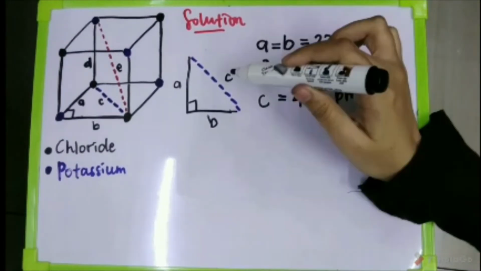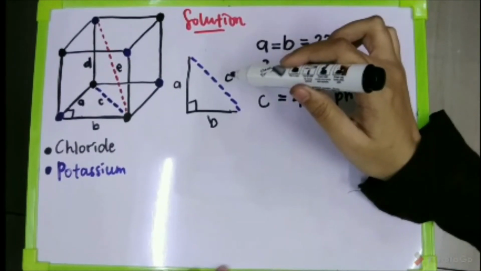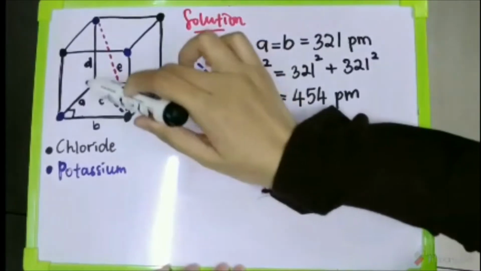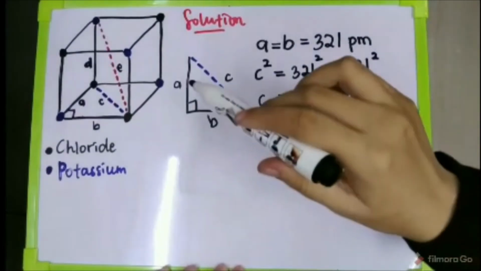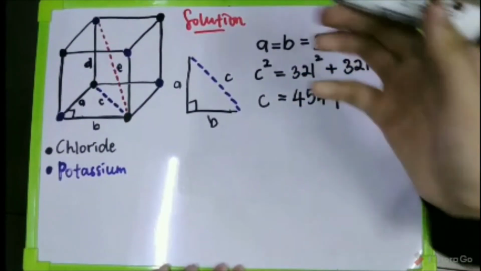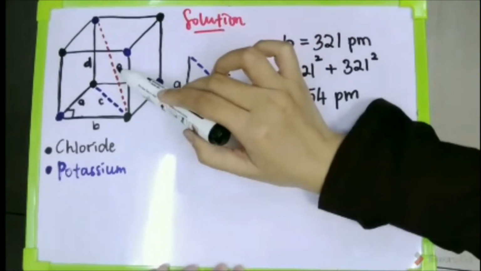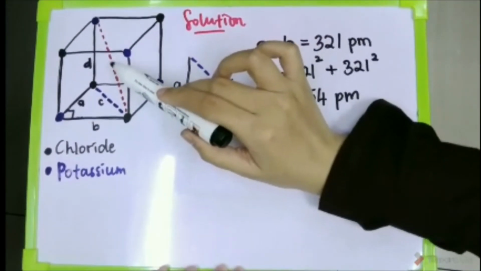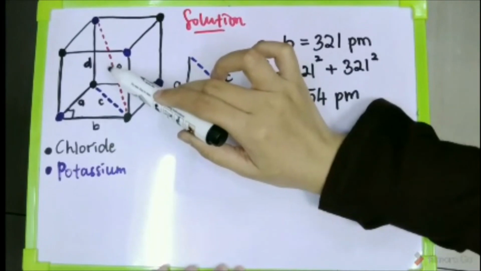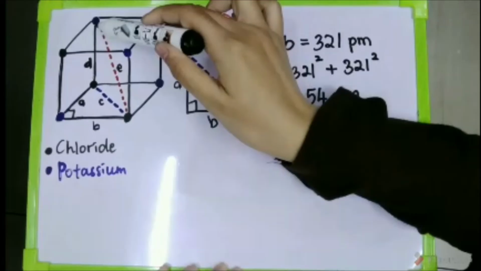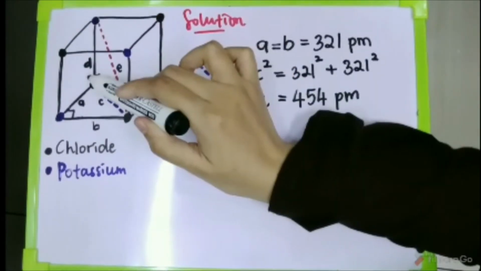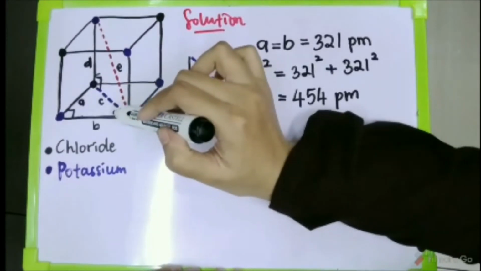pm. We consider the triangle from the cube lattice with lengths C, D and E. As the question asks us to find the next shortest distance, which is E, the value of D is the same as the A and B value.